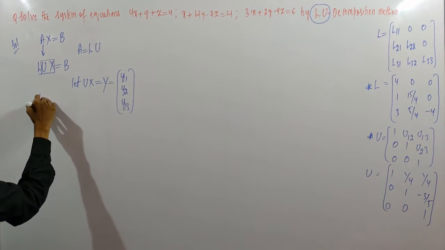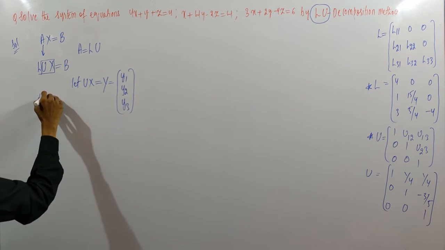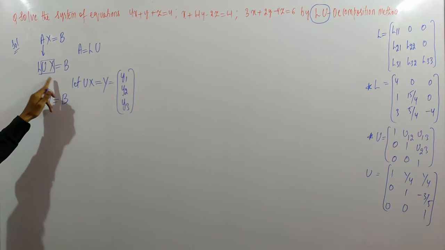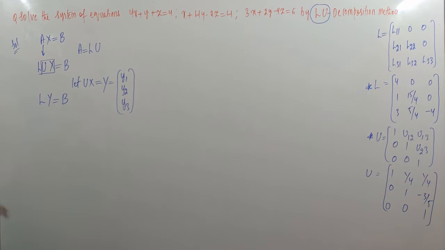Then this will become L. The UX value we have taken as Y, so LY equals B. Now this is in the form like AX equals B.